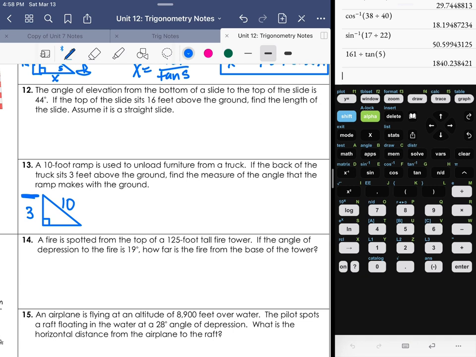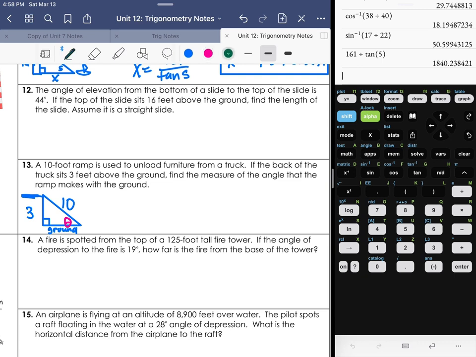Here's the ground down here. The ramp comes down off the truck and hits the ground. So what is that angle when it hits the ground? You're trying to find this theta right there.